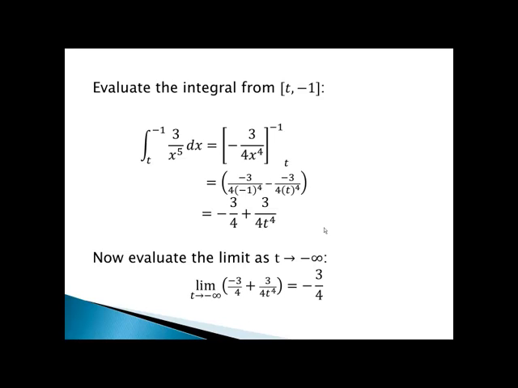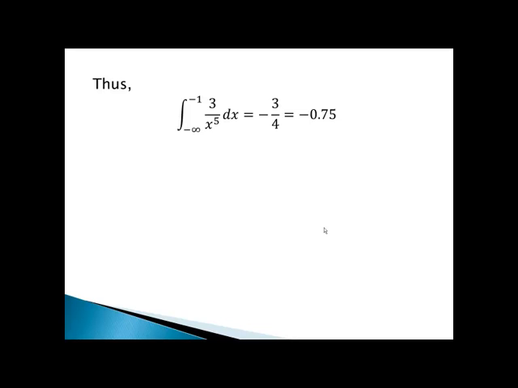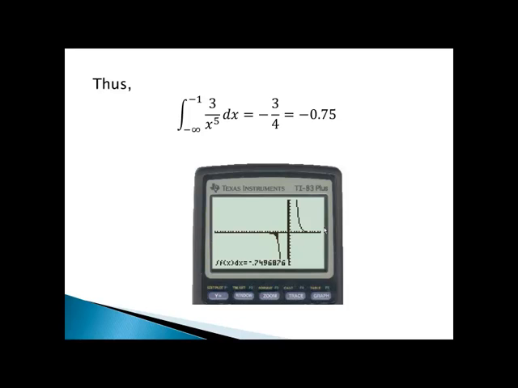There's no t in the first term, so that limit is negative 3/4, and as t goes to negative infinity, the second term goes to 0, so I find that my limit is equal to negative 3/4. Therefore, the integral from negative infinity to negative 1 of 3 divided by x to the 5th with respect to x is equal to negative 3/4. If I try to evaluate this integral on my calculator, I see that it gives me a value that's very close to negative 3/4.